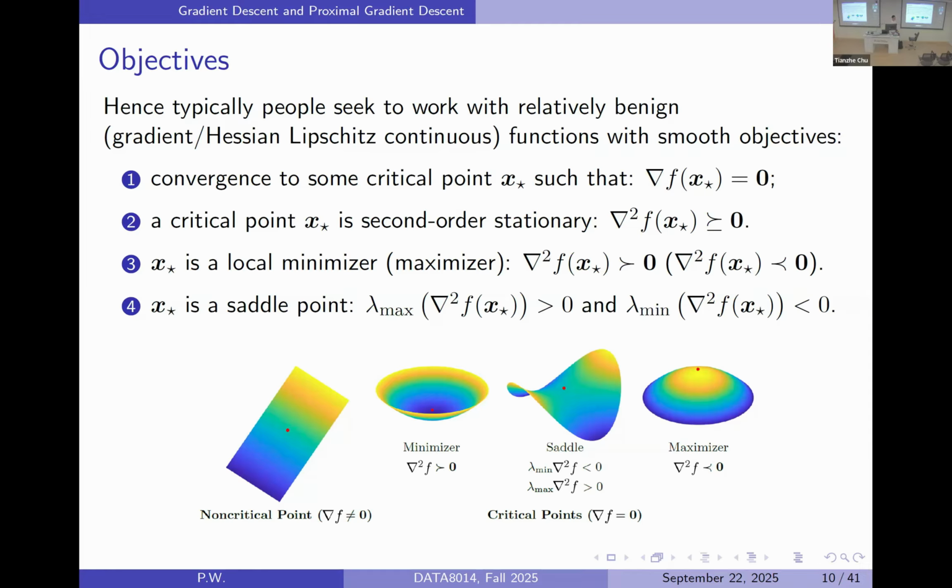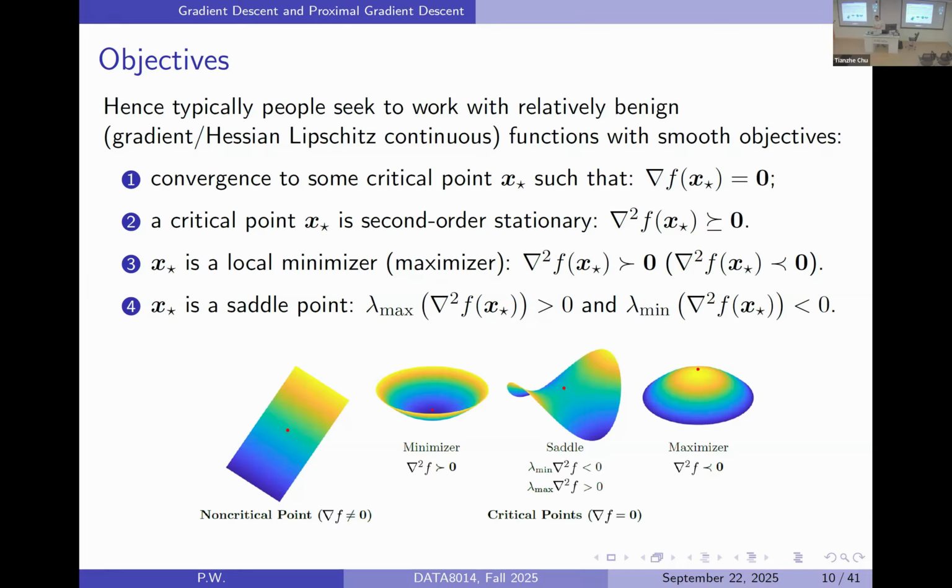At a local minimizer, of course, the point must be a critical point, and the Hessian at this point is positive definite, not just semi-definite. A is positive definite if x transpose A x must be positive for any x that is not 0.